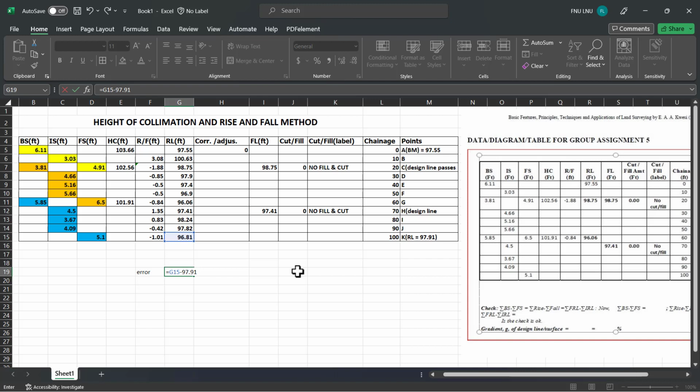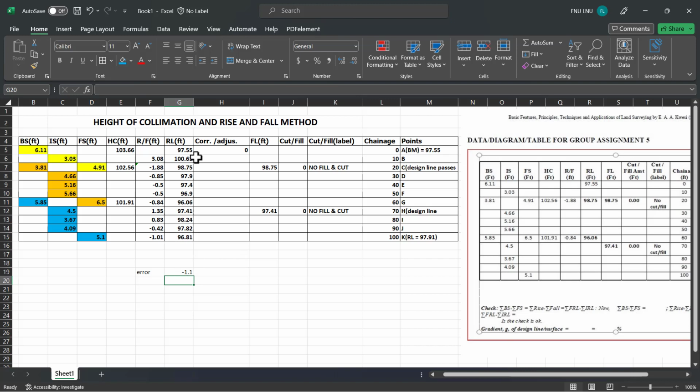And that gives us -1.1. So -1.1 is the error between our benchmarks, or the error we had when we were doing the leveling.